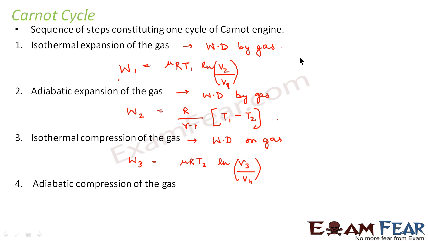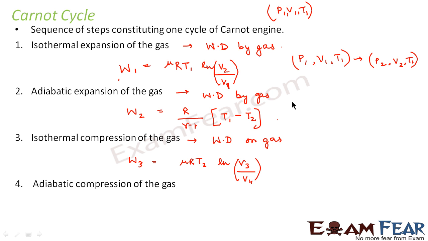Now I will also tell you about the change of state which takes place. In the first place, let us suppose that initially the gas is at this state P1, V1, T1. So if this was the initial state, here what happens? In the first step, the change takes place from P1, V1, T1 to P2, V2, T1, because it takes place isothermally.